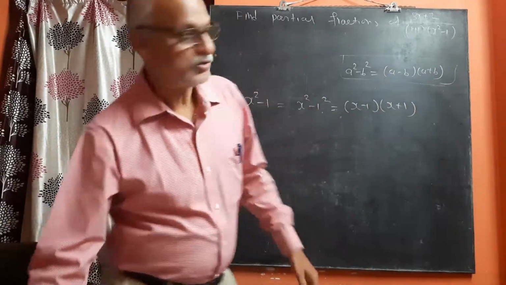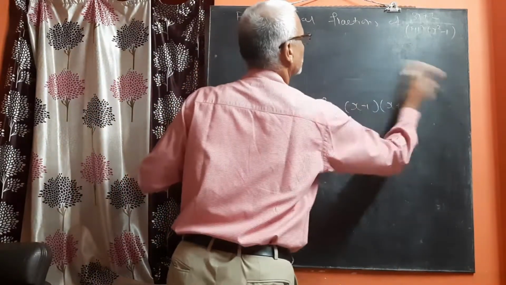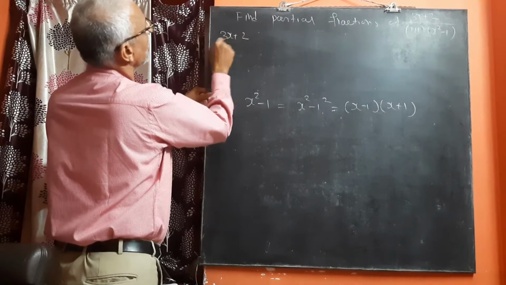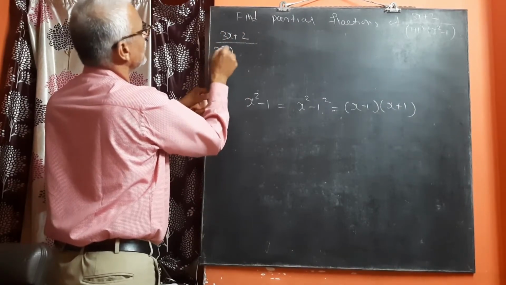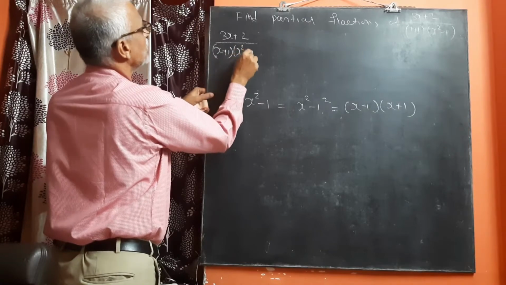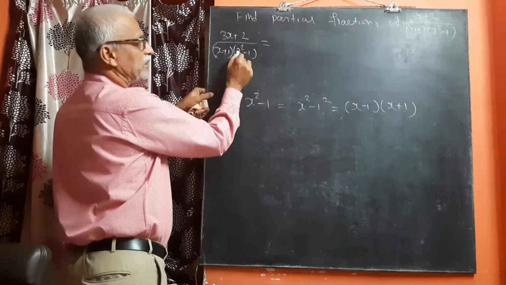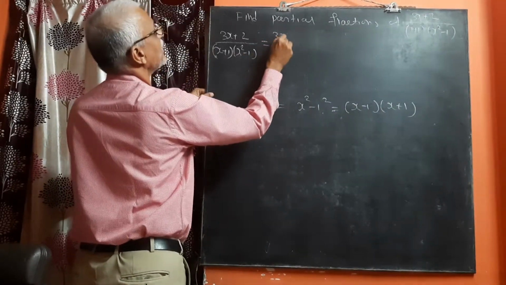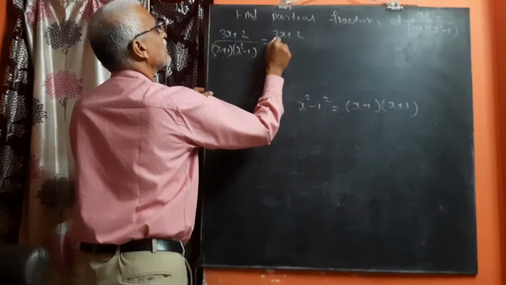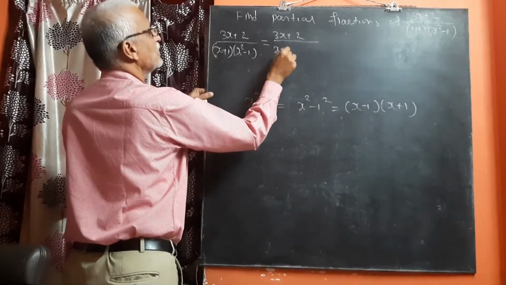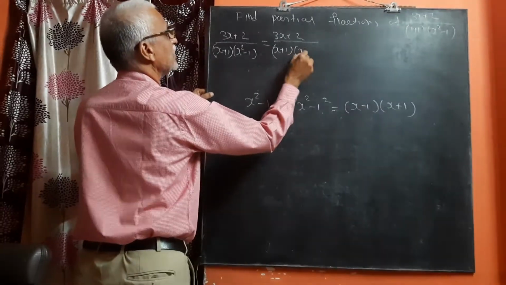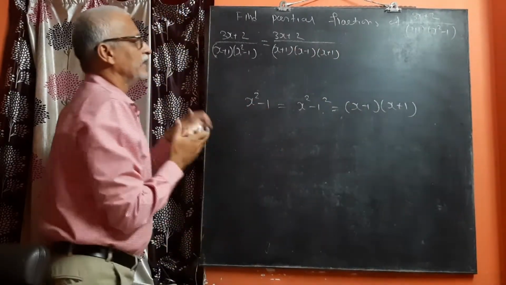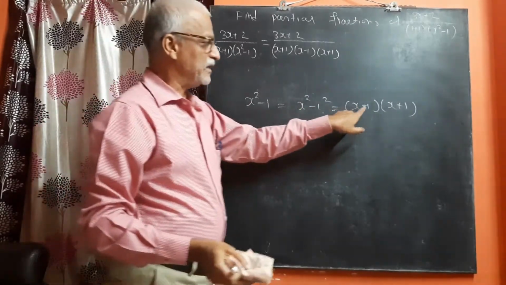So I write here that 3x plus 2 divided by x plus 1 into x square minus 1 is equals to, I put the factors of x square minus 1 as x minus 1 into x plus 1, is equals to, again I write here 3x plus 2 divided by x plus 1 into x minus 1 into x plus 1. The factors of x square minus 1 are x minus 1 into x plus 1.